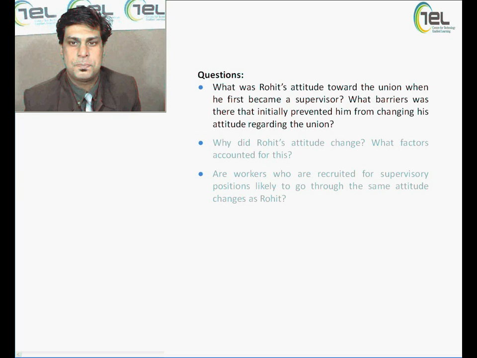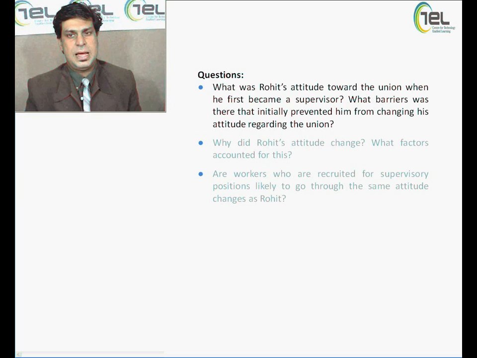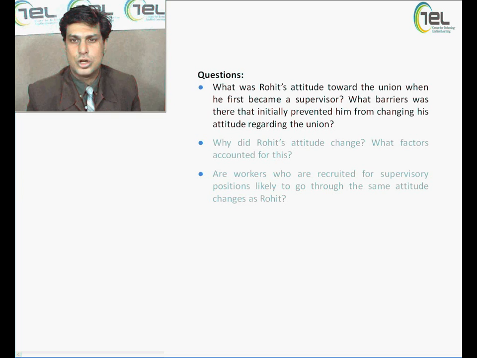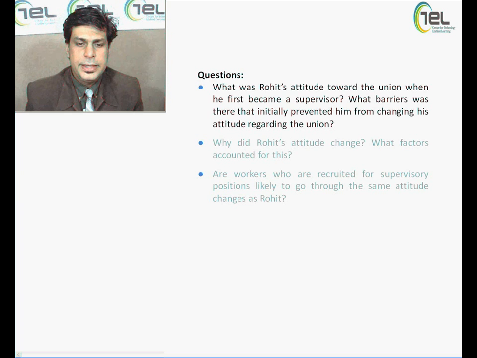He feels that he was a part of the group which was the union. He believes that the goals of the union were common and he had to stand by those. The second part of the question: what barrier initially prevented him from changing his attitude regarding the union? Now, when he becomes a supervisor and finds that the management thinks the union is not justified and management should not let go of its controls, he gets angry.